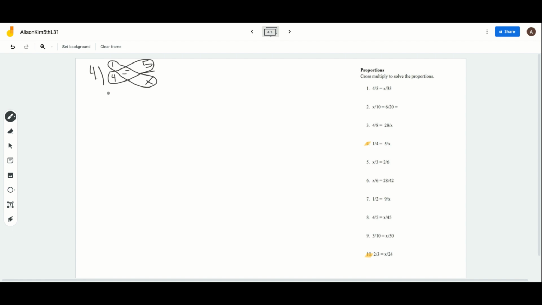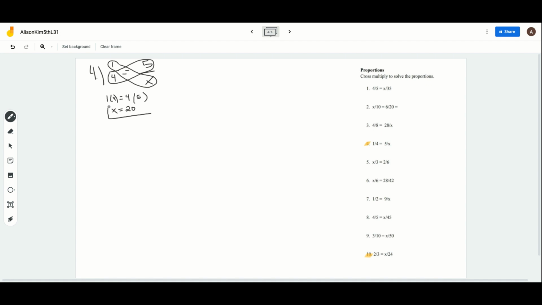When we do the butterfly method, it's going to be 1 times x equals 4 times 5. And we know that 1 times anything just gives us that number. So in this case, it's just going to give us x. And 4 times 5 is 20. So there you go, x equals 20.